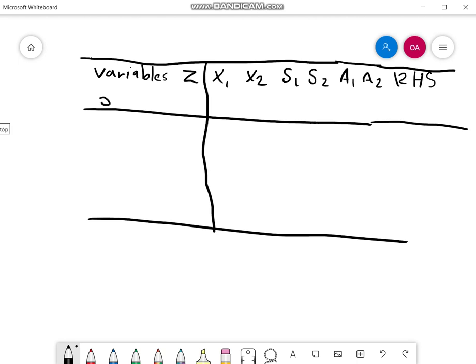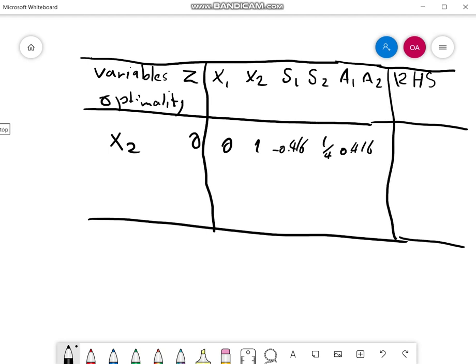We have the optimality condition. The basic solution for this iteration was x2 with 0, 0, 1, minus 0.416, 1 over 4, and minus 1 over 4 with 10.833.